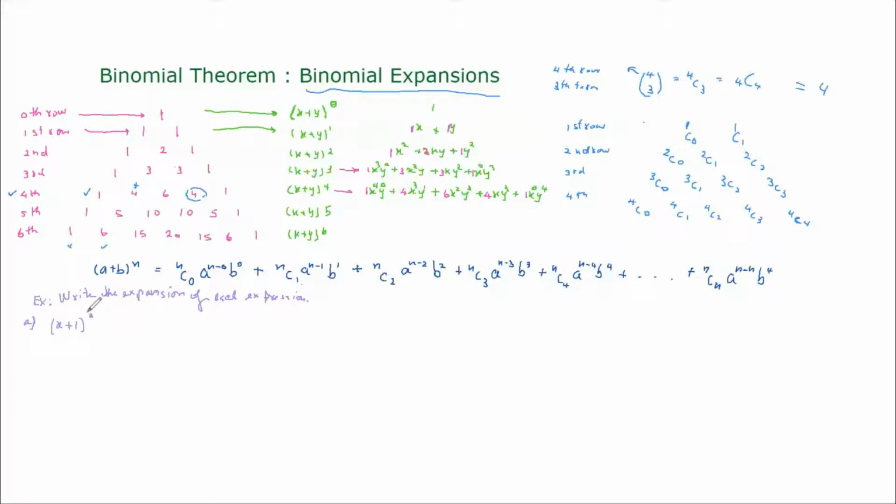Get the small n first, okay? So in this case, we expand this one using this formula, right? You can compare. Right now, the formula goes up to n terms, but this one is 3, so we have n equal to 3.